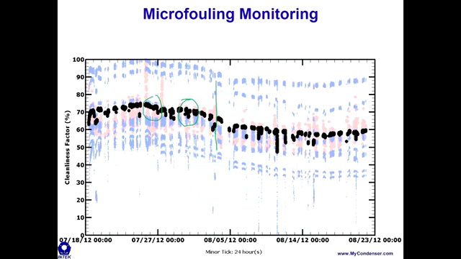The trend is a consistent trend downward from July, looks like maybe July 25th or 26th, down this way. And so really now, not only do we know the cause of the decrease in cleanliness, we know that it's not air leakage, and we know that it's not macrofouling. By looking at the individual heat transfer coefficient for these monitor tubes, we can see a consistent downward trend in the cleanliness of these tubes.